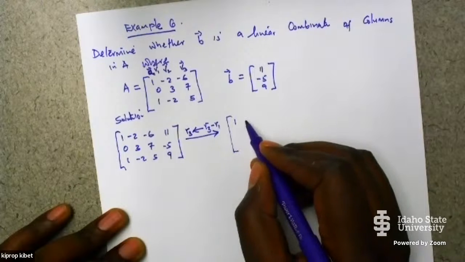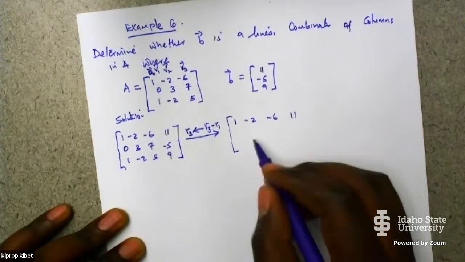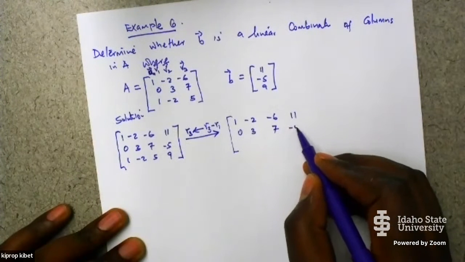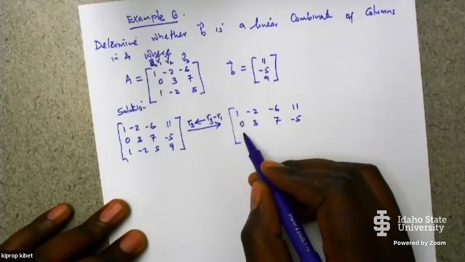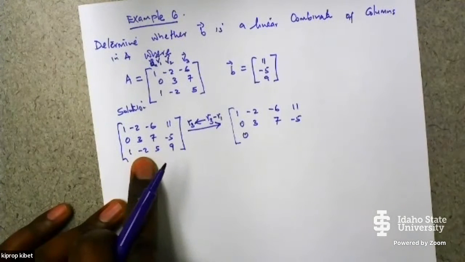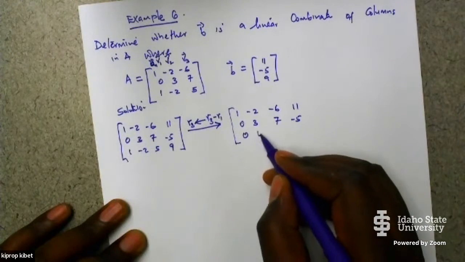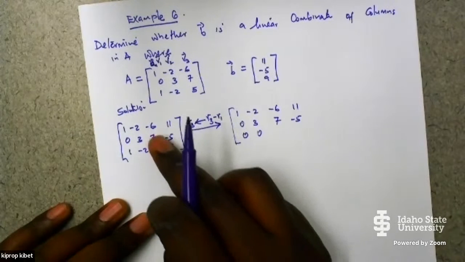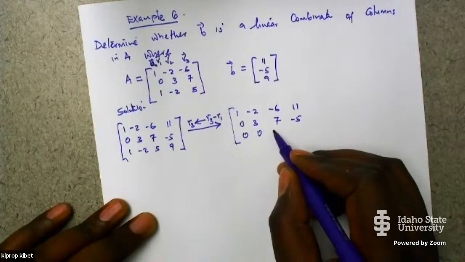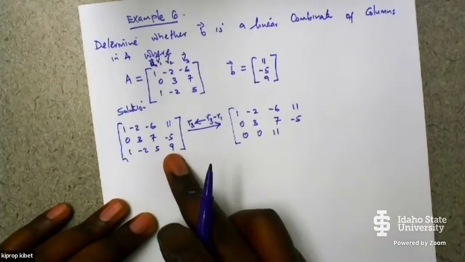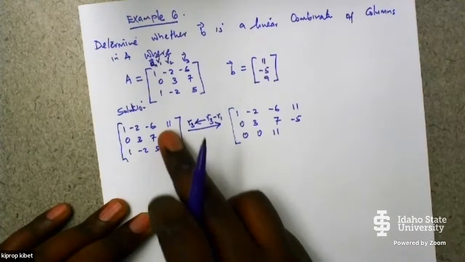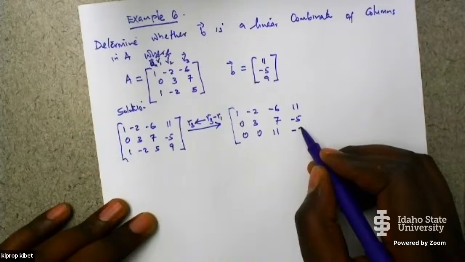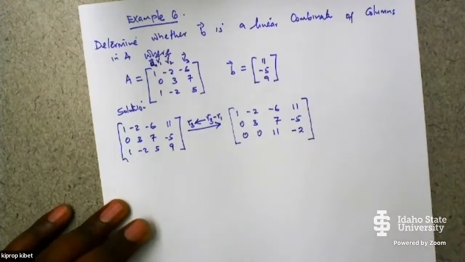So here we get 1, -2, -6, 11, and then 0, 3, 7, -5, and then 0, -2 minus -2 is 0, 5 minus -6 is 11, and then 9 minus 5 is minus 2.